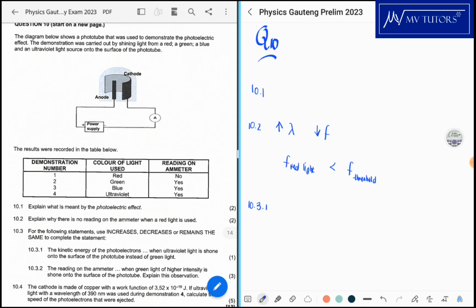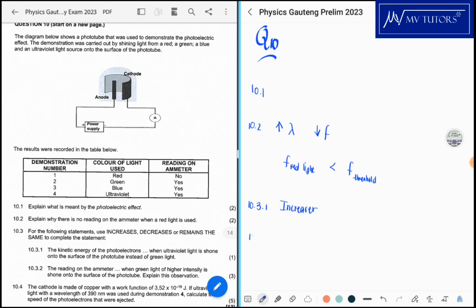We know that ultraviolet light has a higher frequency than green light, so the kinetic energy of the photoelectrons increases. It increases when ultraviolet light is shone onto the surface.